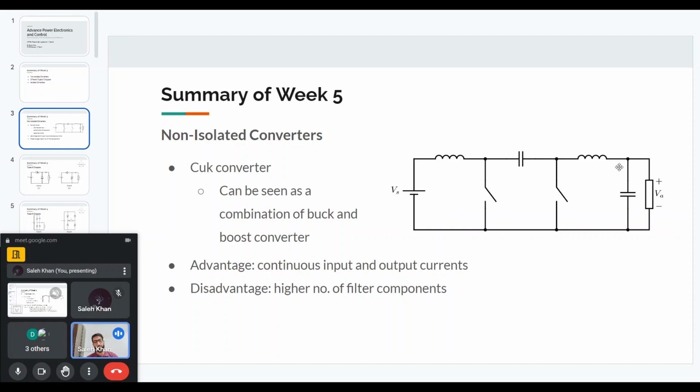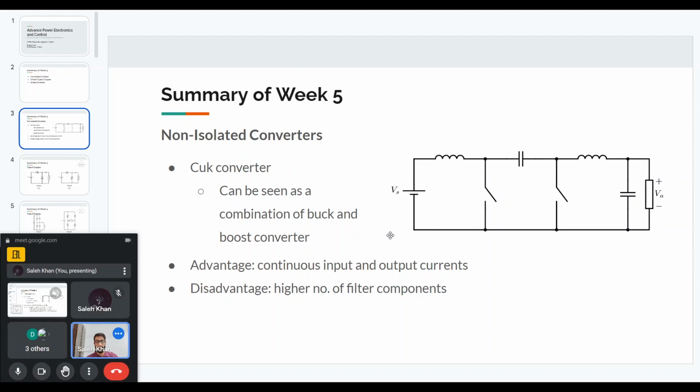In a buck converter, the output current is very smooth because of this inductor at the output. You don't need a large capacitor because of that. Similarly, in a boost converter, because we have an inductor at the source side, the input current is very smooth. The inductor does not allow high fluctuations or pulses in the current.